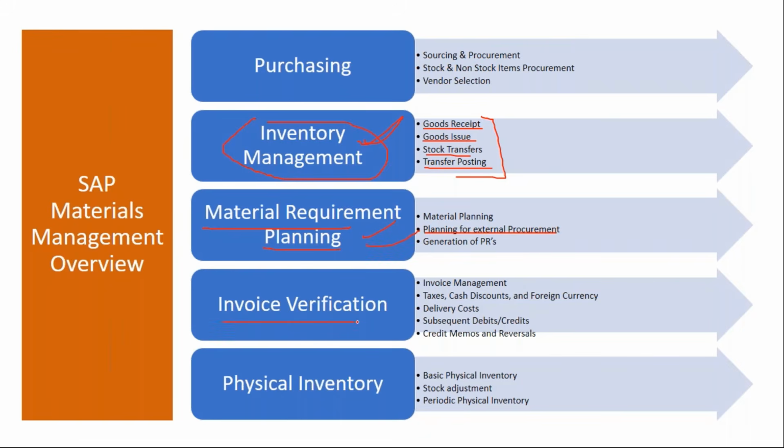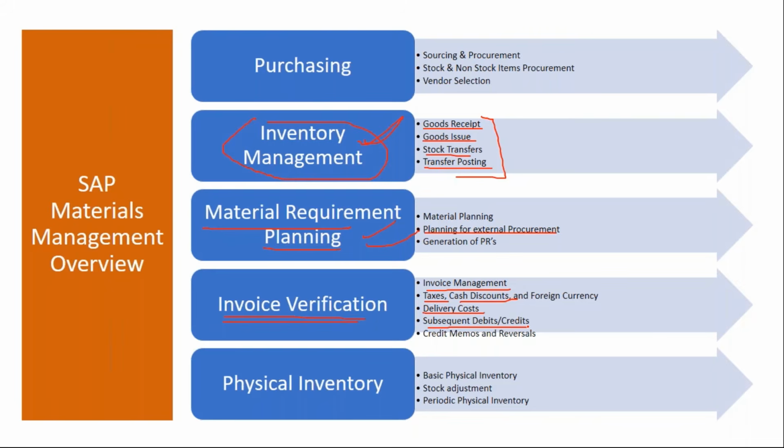Then comes invoice verification. Invoice verification is nothing but verifying the invoice supplied by the supplier, the vendor. After supplying the material, he will send his invoice. We need to make the payment to him, right? So we check whether that invoice is properly supplied, whether the taxes are correct, whether any discounts are there, whether any delivery cost is included, or any subsequent debits and credits.